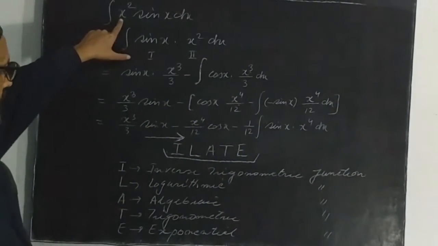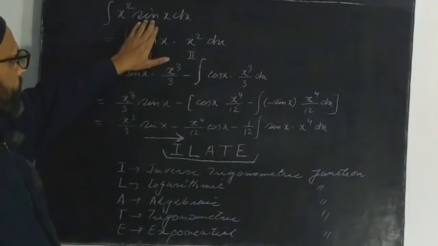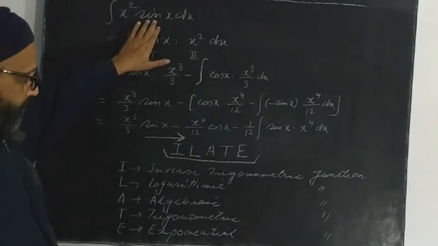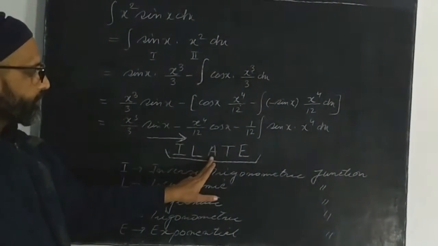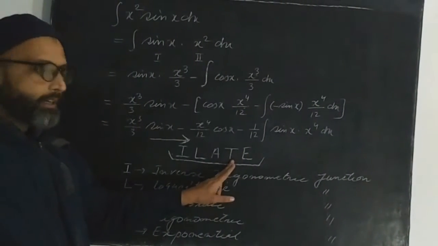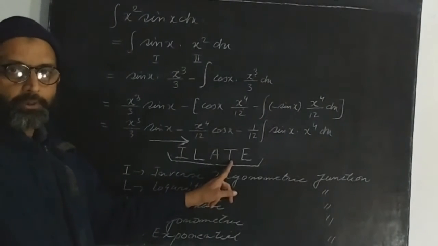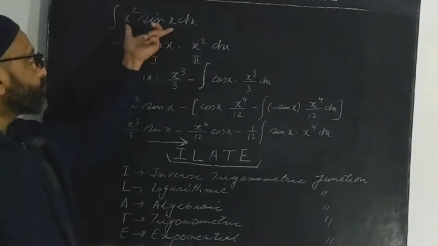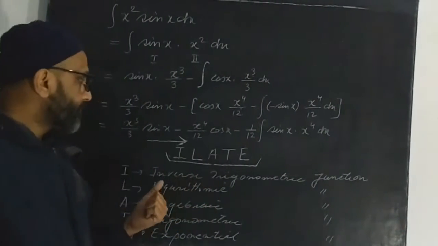What we have done is taken the algebraic function first and the trigonometric function as the second one. So algebraic function comes first and trigonometric comes afterwards. So the algebraic function should be taken as the first function and the trigonometric function as the second function if these two kinds of functions are in the product of the integral.